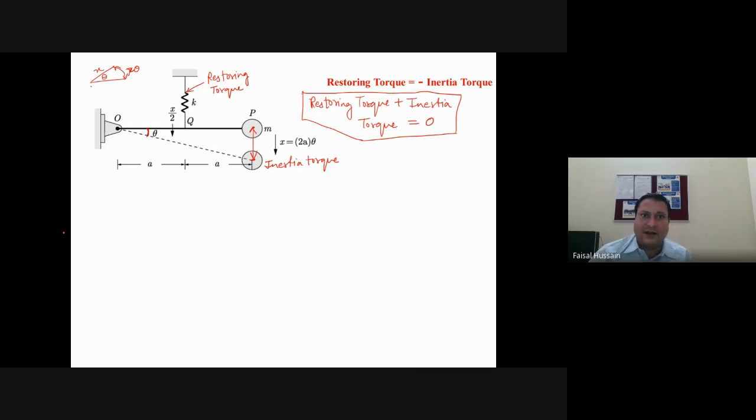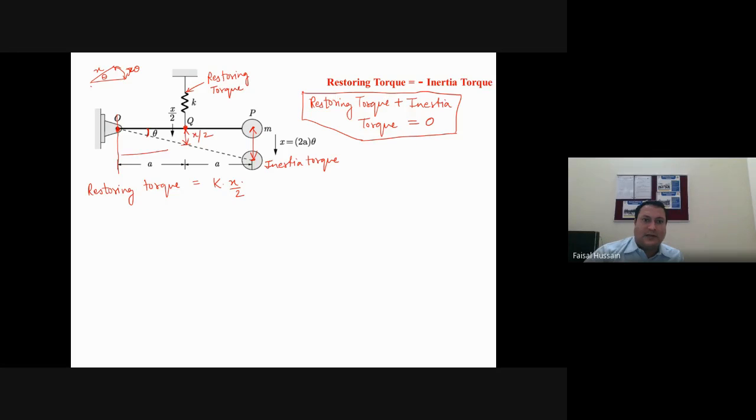Now, let us find the restoring torque. Basically, this is stiffness K, and at the center, if this is displacement X, this displacement will be X by 2. So restoring torque will be K into X by 2 multiplied by the distance from this fixed point.